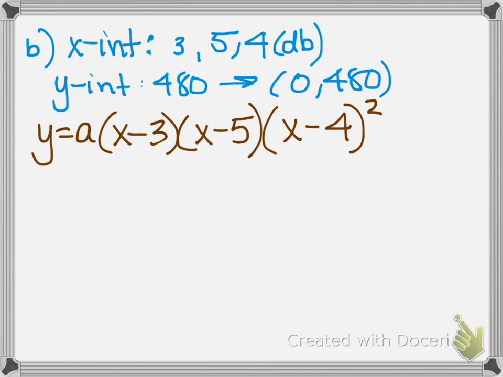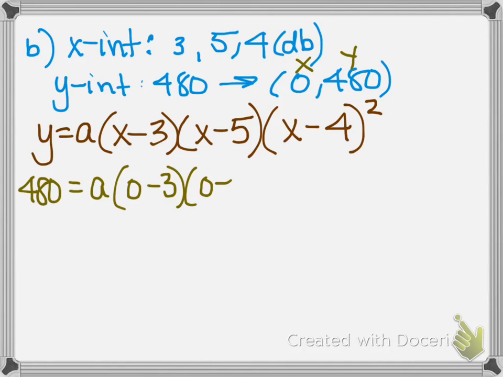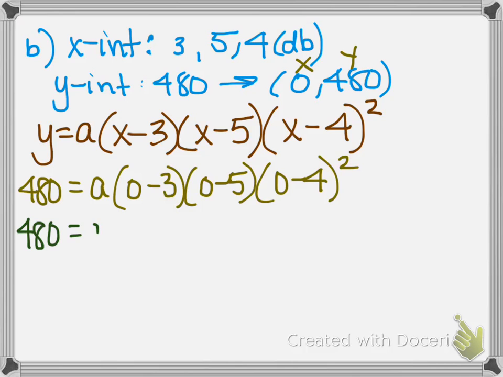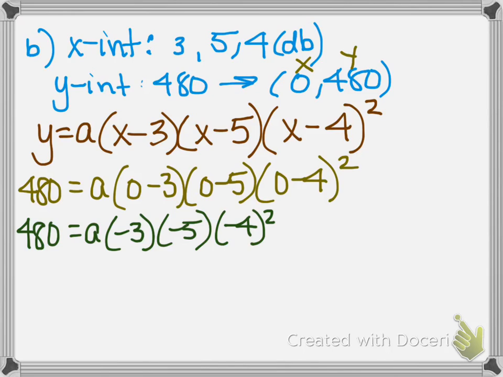Using our point of (0, 480), 0 is x, 480 is y. So 480 equals a times 0 minus 3, 0 minus 5, and 0 minus 4 squared. Simplifying, we get 480 equals a times -3 times -5 times -4 squared. -4 squared is 16.